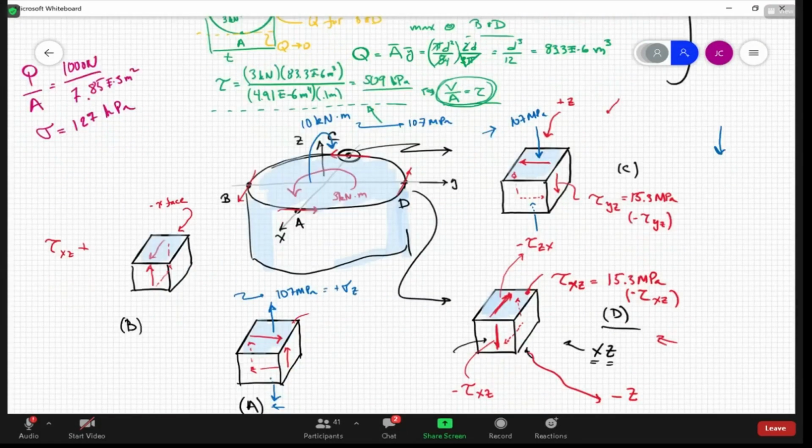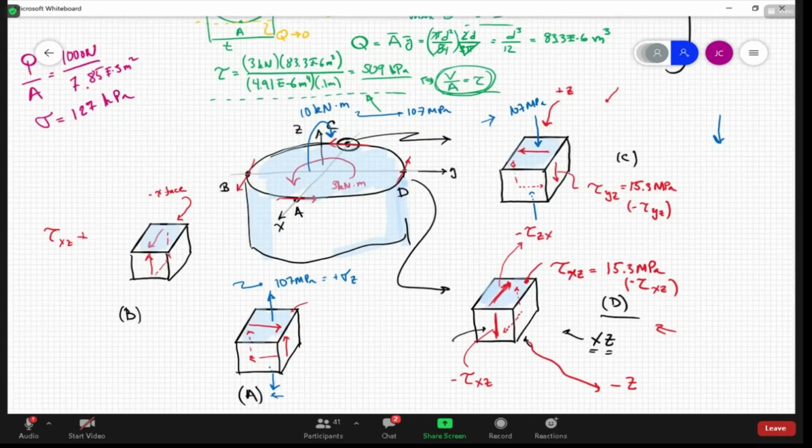So in this case, we would subtract off another 127 kilopascals, and then you would also have that in compression on all those other faces, right? Does that make sense? So the maximum compressive Z stress would be right there at point C, okay? But again, the bending stress is really dominating, okay?